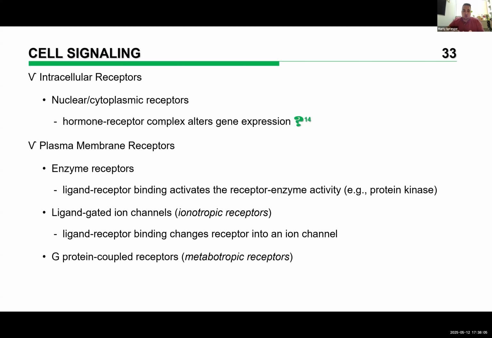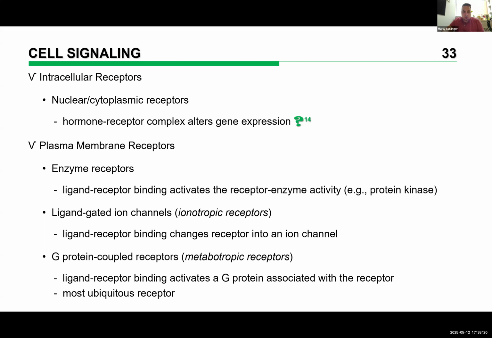In other words, most receptors, a ligand binds to it, and then the protein just undergoes a conformational change. It doesn't become a channel. We call those G protein coupled receptors or metabotropic. Those are the most common in the human body, the most ubiquitous receptor.